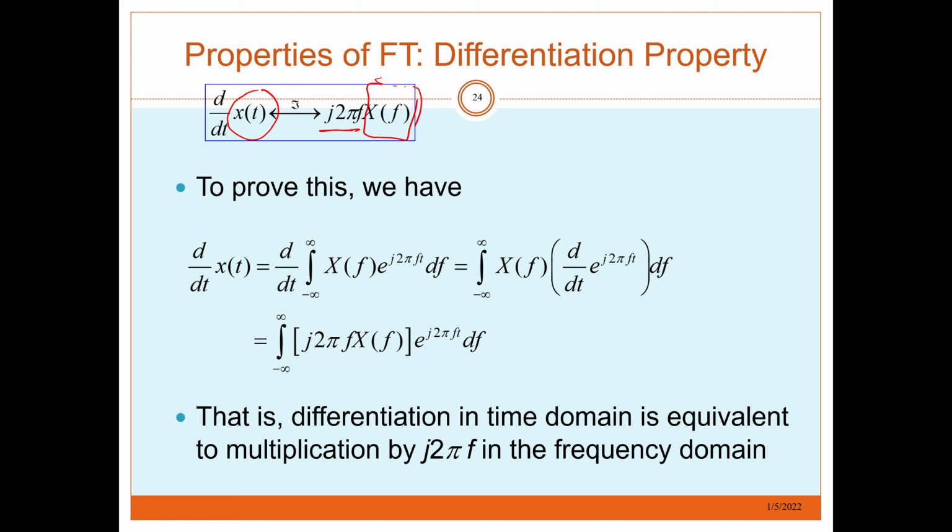This is the derivation, which we will actually put in the table, but to know how it works, we have to use the formula. So differentiation in the time domain is equivalent to multiplication by j2 pi f in the frequency domain. Whatever the signal, transform it, but don't forget to multiply with j2 pi f.